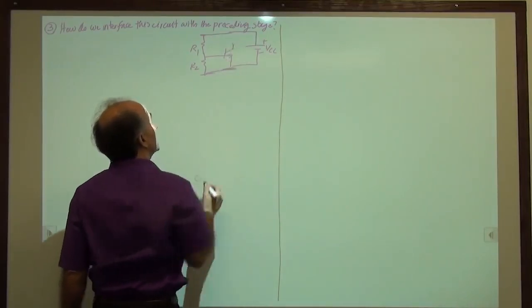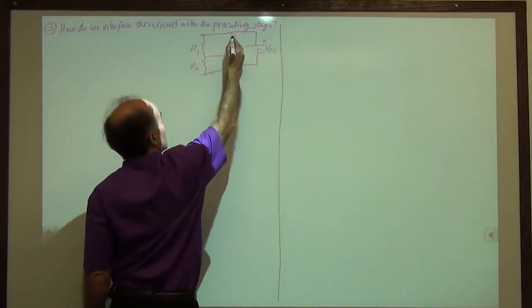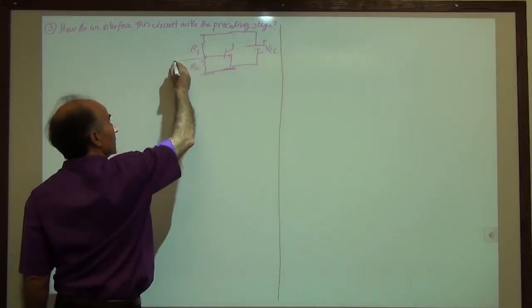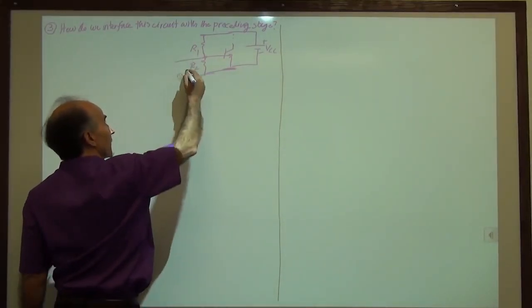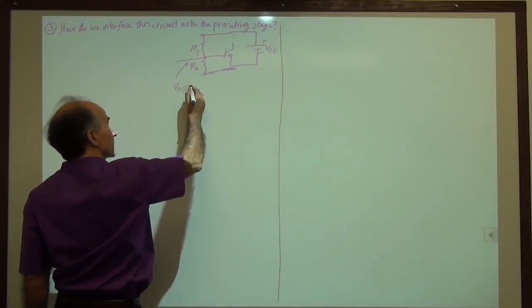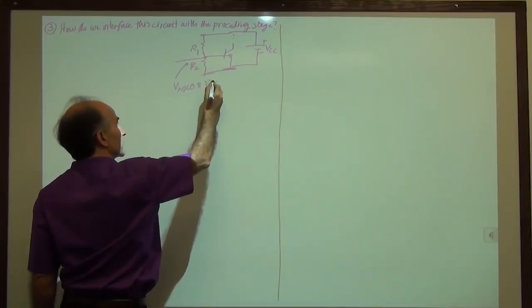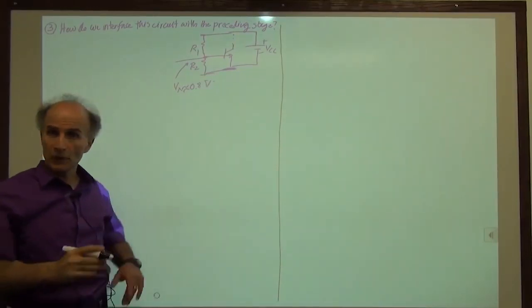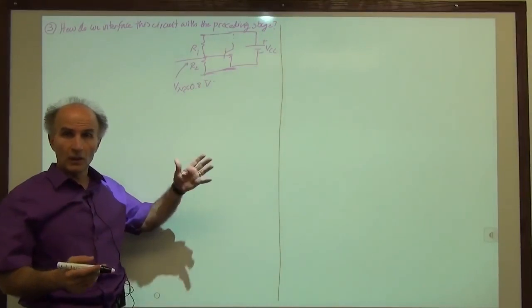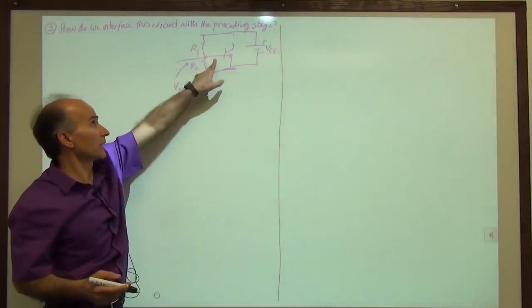Don't worry about that for now. I'll just put some dots here. And this is what we have at the input. And we have created a Vx here by means of the two resistors, approximately equal to 0.8 volts. Everyone is happy. The transistor has its right base emitter voltage. The current through this is much larger than the base current.